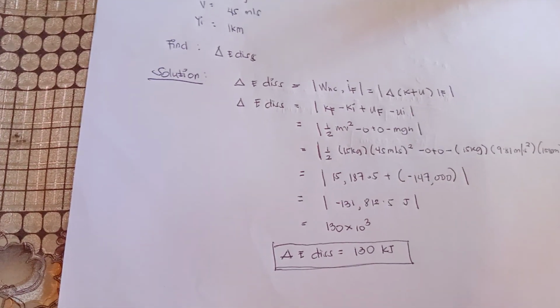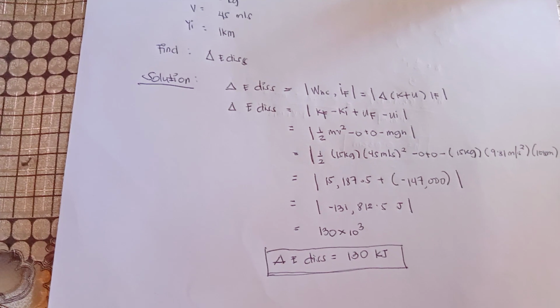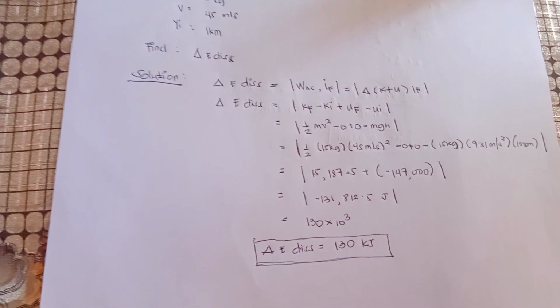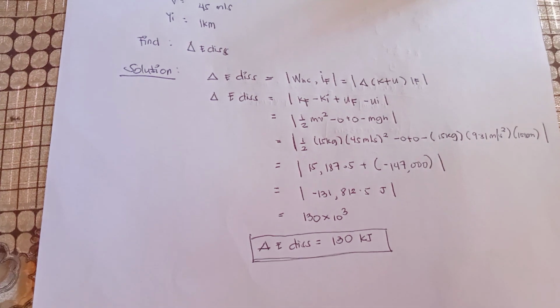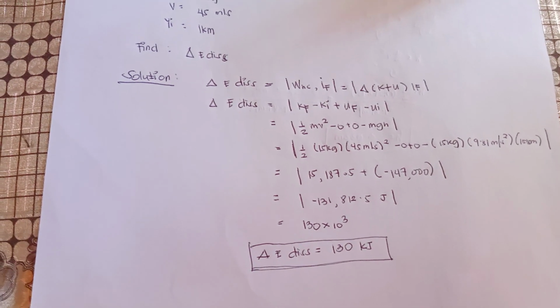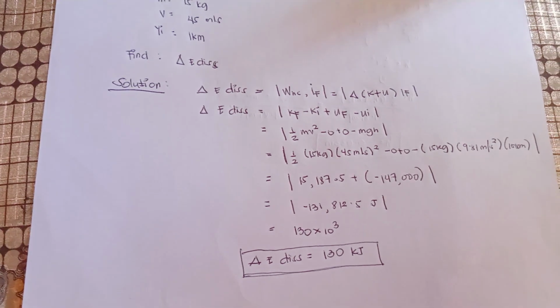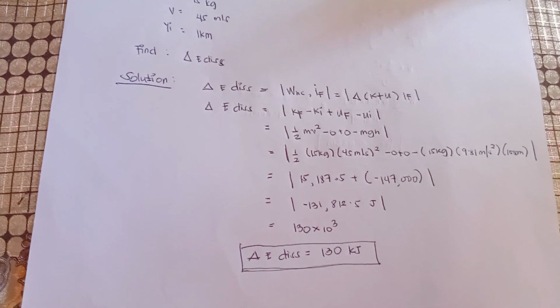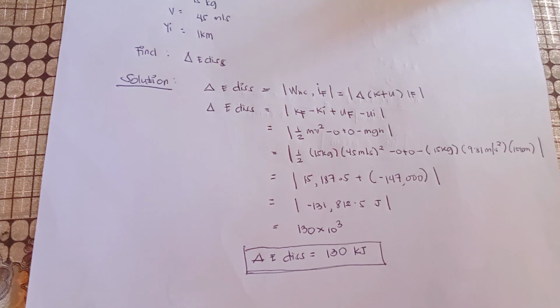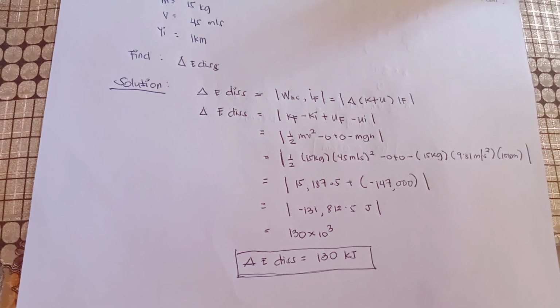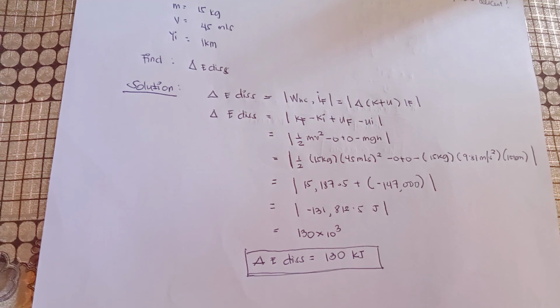Using scientific notation, we arrive at the answer 130 times 10 to the power of 3. Therefore, the energy dissipated is 130 kilojoules.